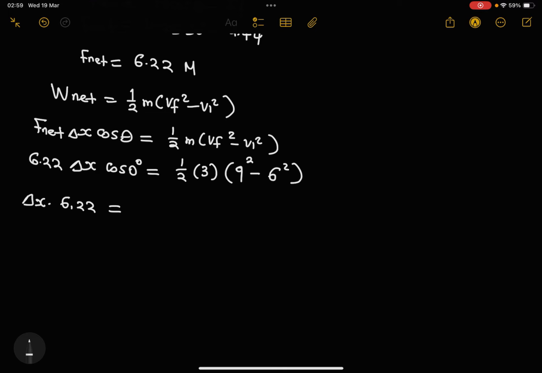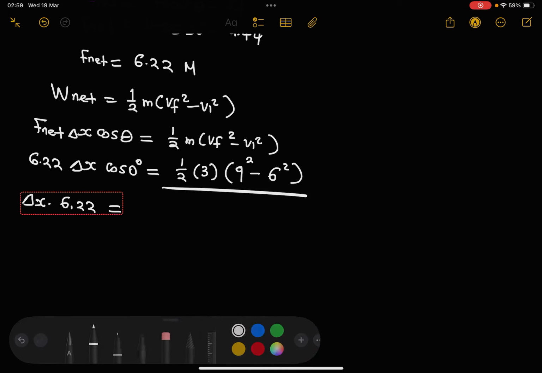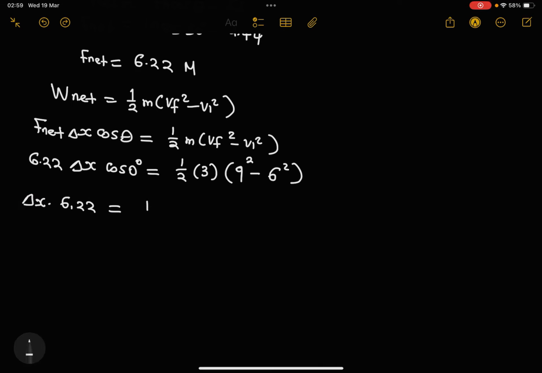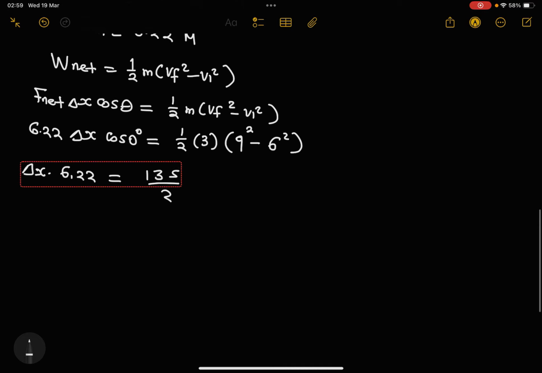6.22 equals, I'm just going to hit everything that's in here and put it inside the calculator. So it is 1 over 2 multiplied by 3, so it's 9 squared minus 6 squared. And this is just going to give us 135 divided by 2. So let me just divide both sides by 6.22.